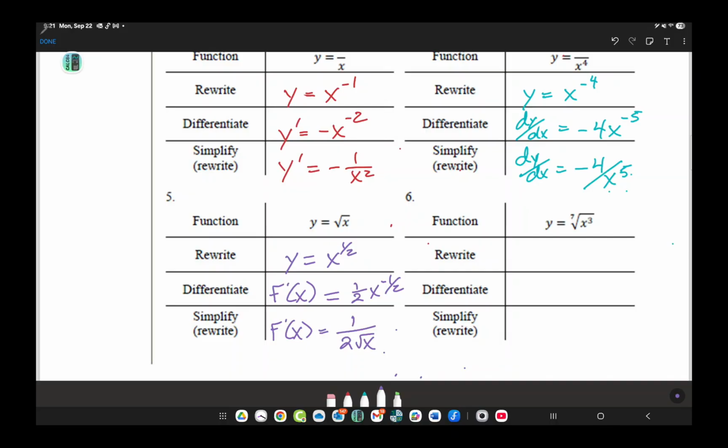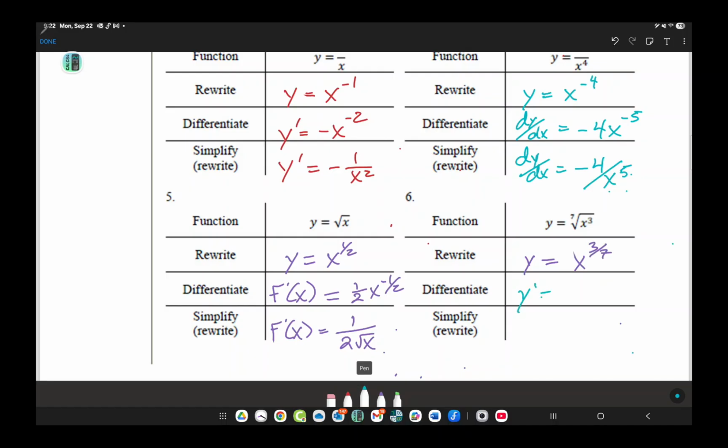Negative exponent means it moves to the denominator. If it's in the denominator, it moves to the numerator. So we can write this as y is equal to x to the 3/7.